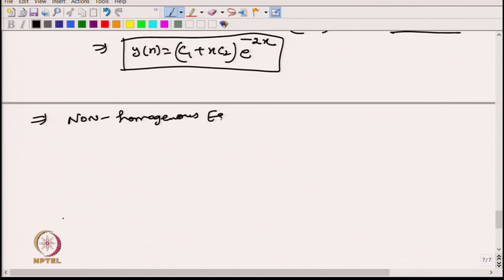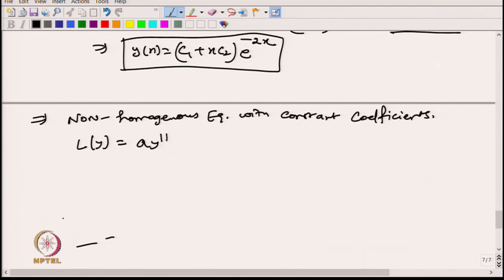Non-homogeneous equation with constant coefficients. So, in this case, let us define the equation. So, this is my Ly. That is, I am writing a y double dash plus b y dash plus c y equal to some function f x.